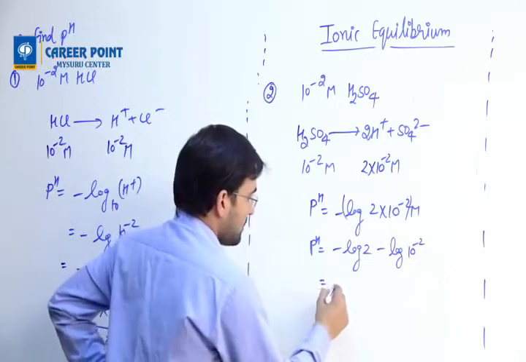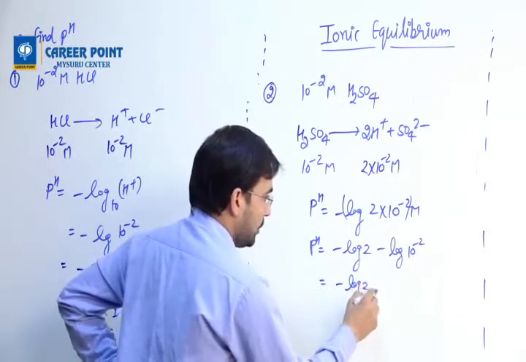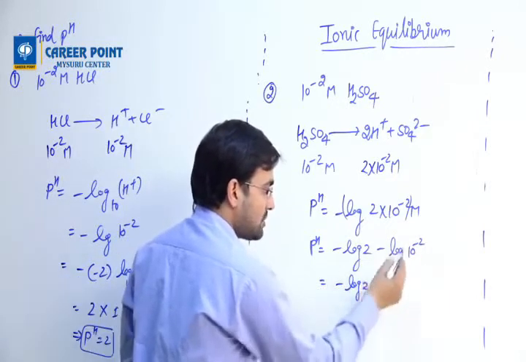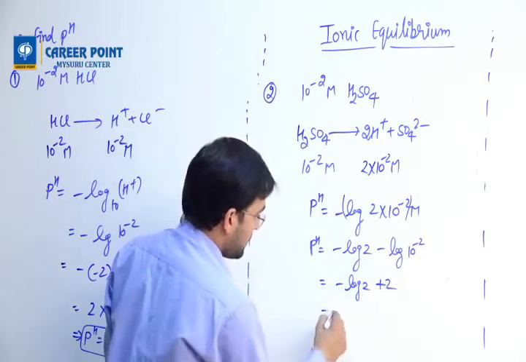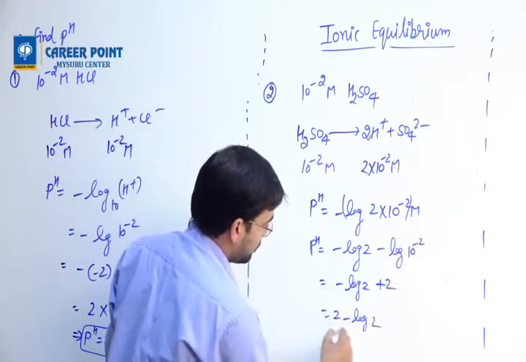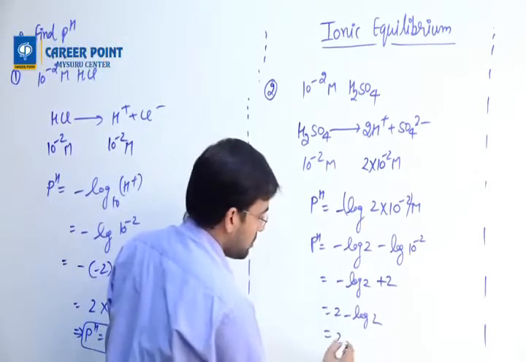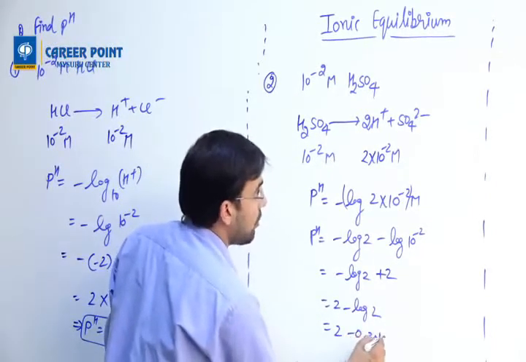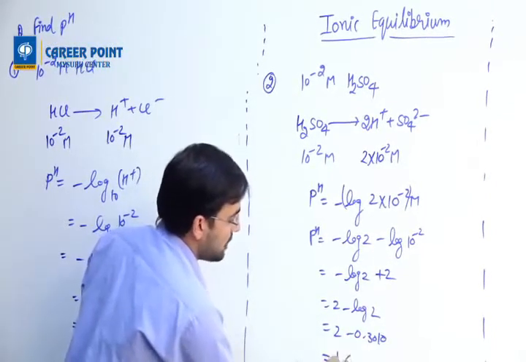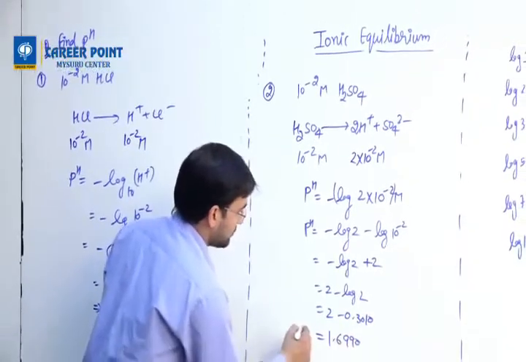Minus minus is plus, so this is 2. So we get 2 minus log 2, and log 2 I know is 0.3010. So we get 1.6990.